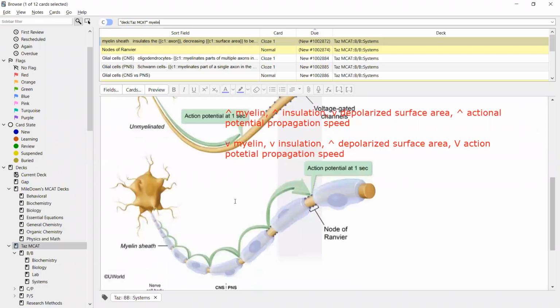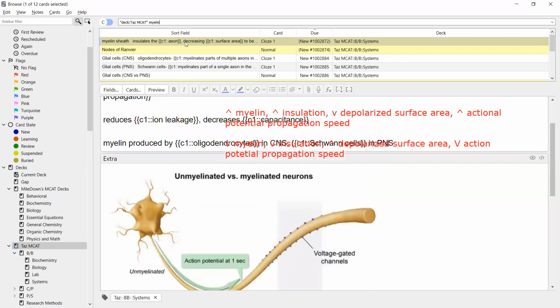This process is called saltatory conduction. Saltatory because we use those sodium-potassium voltage-gated channels. This is saltatory conduction. So this is conduction of the signal down an axon.